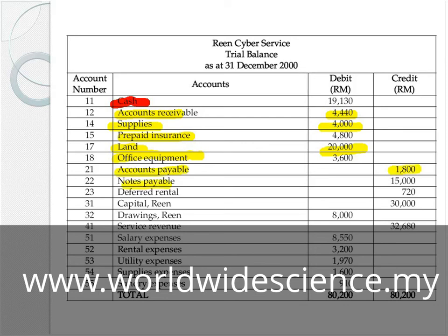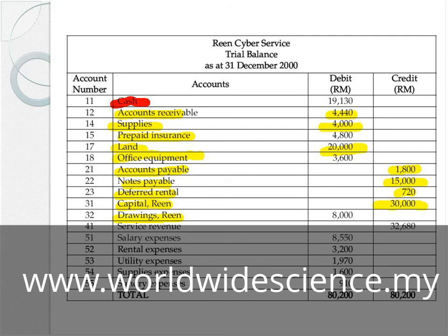The capital is our capital, and we show it on the credit side. It's not expenses, but our capital, we show on the credit side. The drawings, we show on the debit side. Service revenue, the revenue, we show on the credit side.